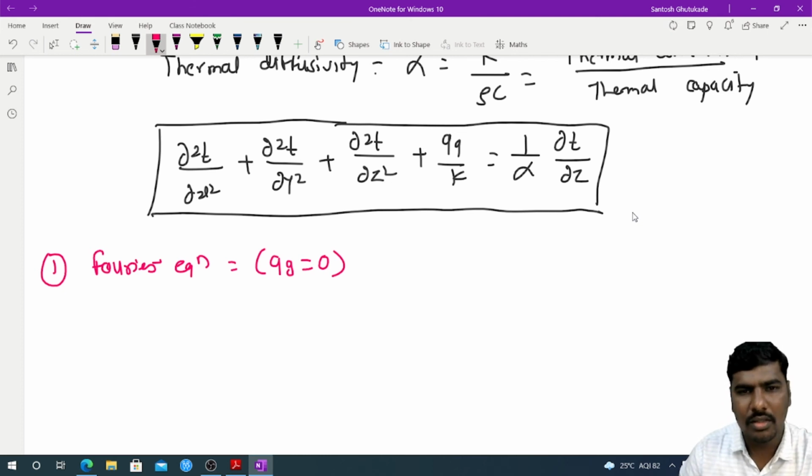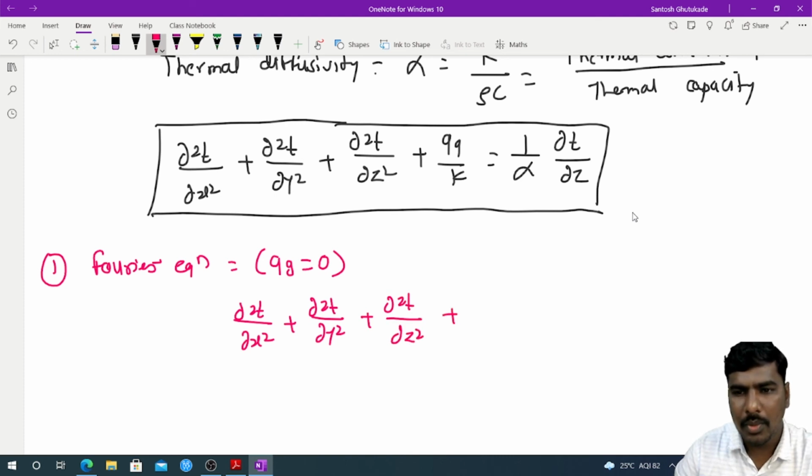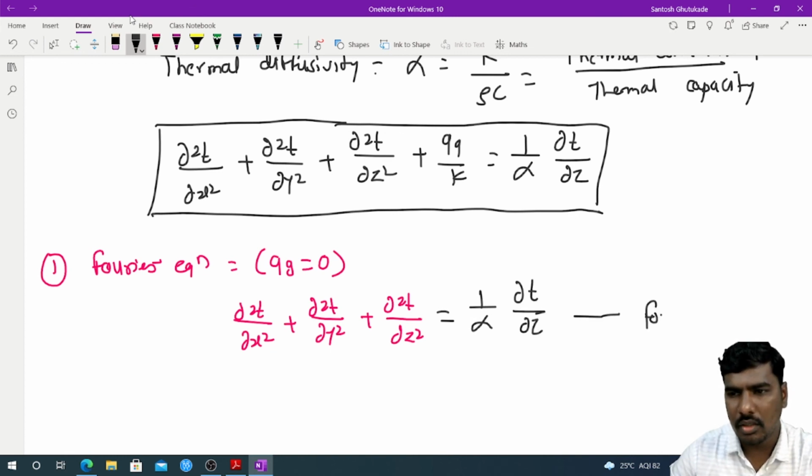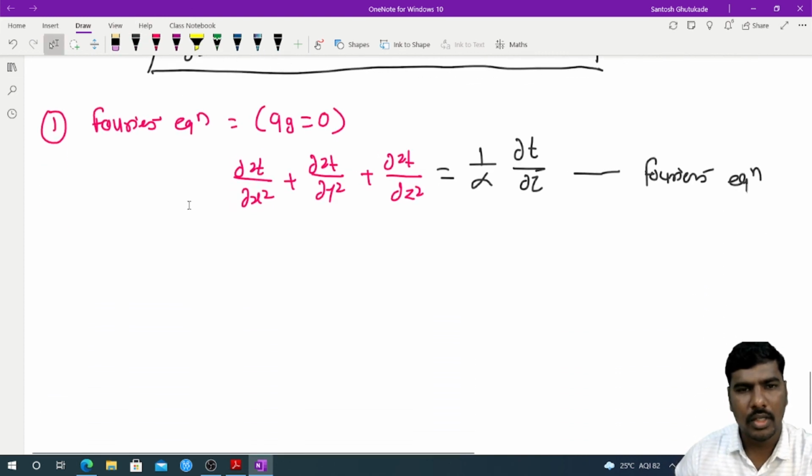So this equation becomes ∂²T/∂x² plus ∂²T/∂y² plus ∂²T/∂z², and we are neglecting the qg by k term, so this term will not be there, is equal to 1 upon alpha ∂T/∂tau. So this is Fourier's equation.